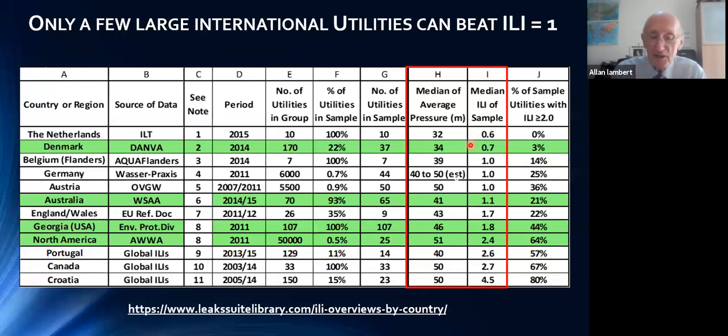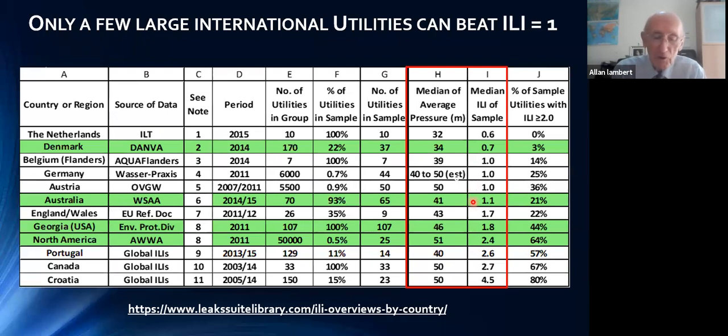We find that ILI data from Aqua Flanders and sample data from Germany and Austria have median ILIs of 1, and they're operating at about 39 to 50 meters average pressure. And that large Australian utilities achieved a median ILI of 1.1 in the Millennium Drought.